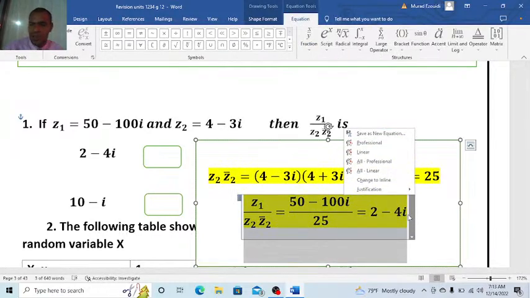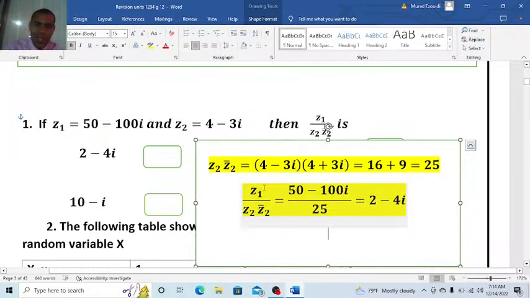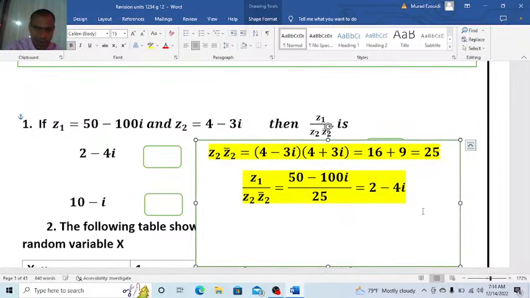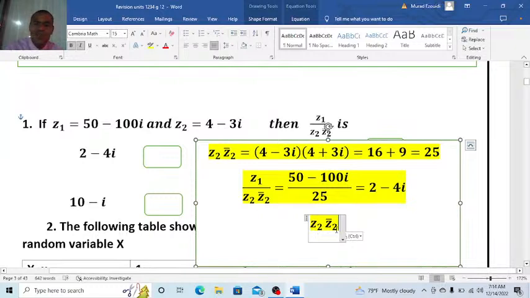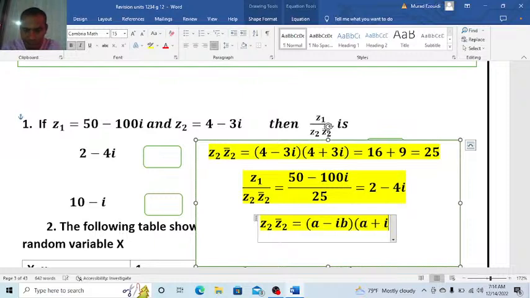In general, my learners, I will let you remember something. For example, if z2 is equal to a minus ib, multiplied by its conjugate a plus ib, this is the difference between two squares.